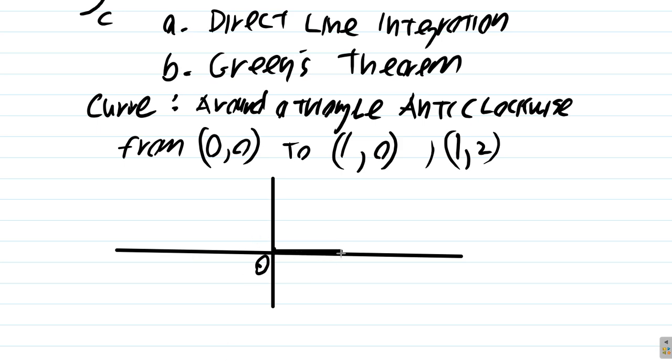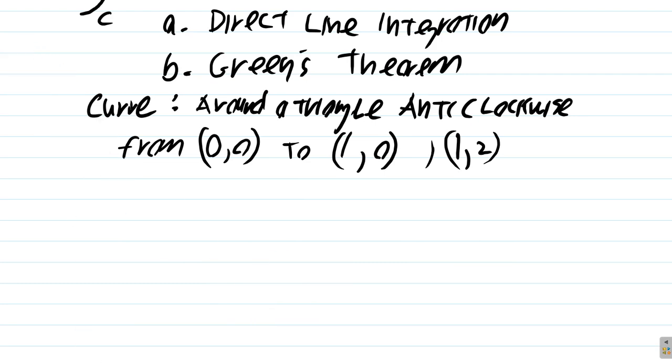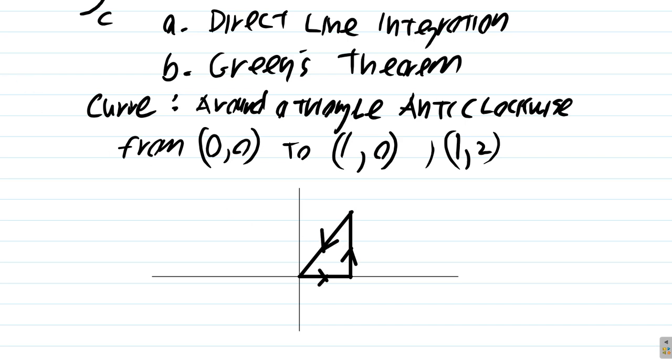What I'll do, let me draw the axes in thinner lines, and then I think the triangle would look more like this. So it goes here, then back here. So this would be 0, this would be 1, and up here would be 2. Alright.